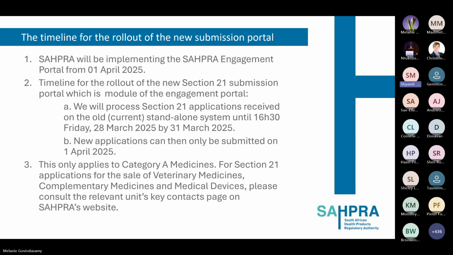We endeavor to process and finalize them by the 31st of March, which is the coming Monday, and new applications thereafter can be submitted on the new portal, which will go live on the 1st of April. Just note that this only applies to Category A medicines, Section 21 applications. For veterinary medicines, complementary medicines, and medical devices, you are urged to consult the relevant unit's key contacts page on SAHPRA's website because they might follow a different process. Next slide, please.